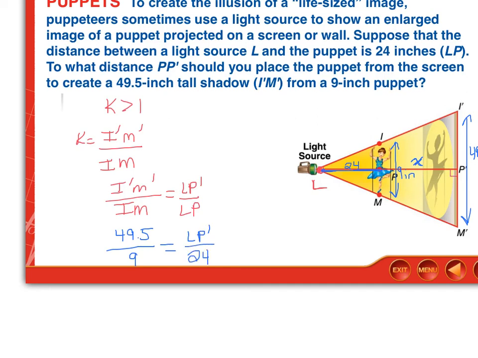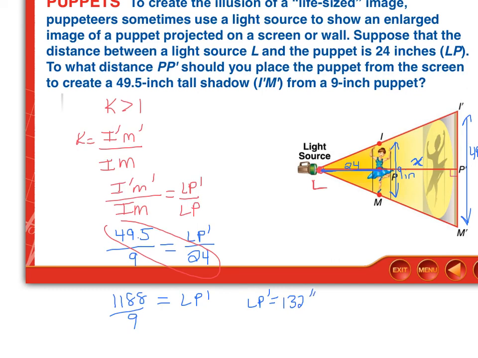So if we cross multiply here, we get LP prime equals 1,188 divided by 9, and LP prime then equals 132 inches.